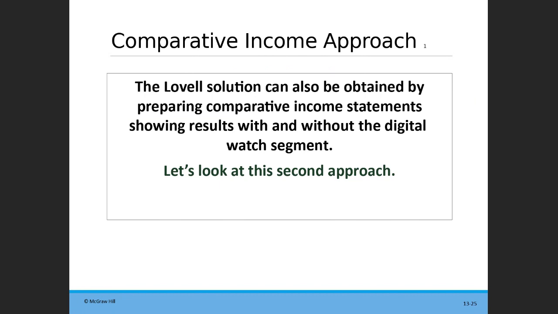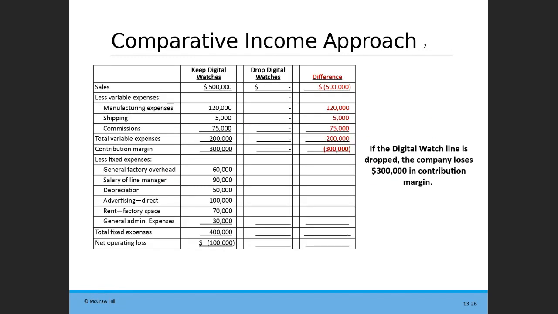Now we could just prepare comparative income statements with and without the watches. So there's another approach, right? Here's what's going on now with the watches. Our net operating loss is there if we keep it.